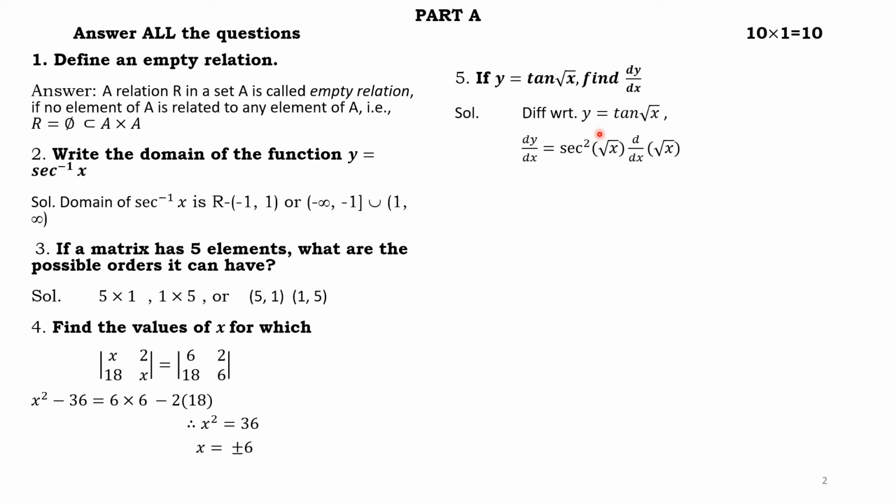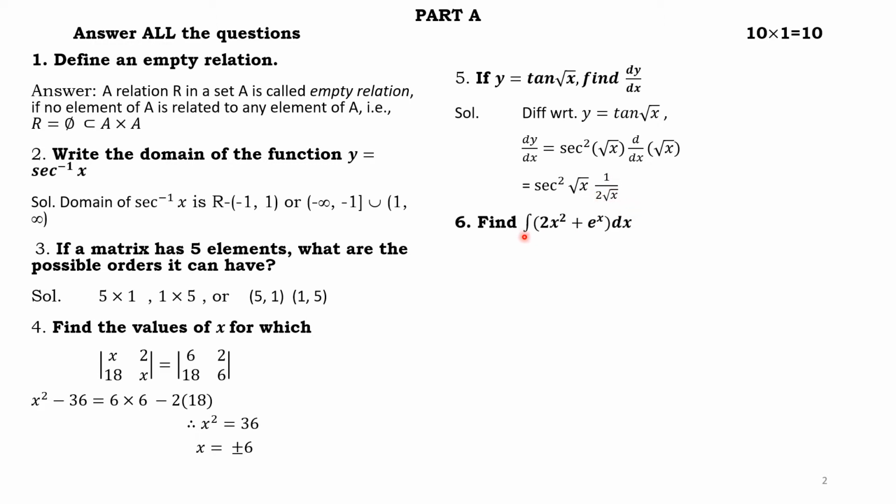Therefore, dy by dx is equal to, from the standard values, which you have to remember, secant squared root x into d by dx of the inside item, root x. That is equal to secant squared root x into d by dx of root x, which using the power rule is 1 divided by 2 into root x.